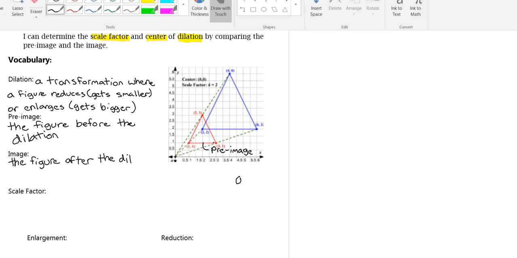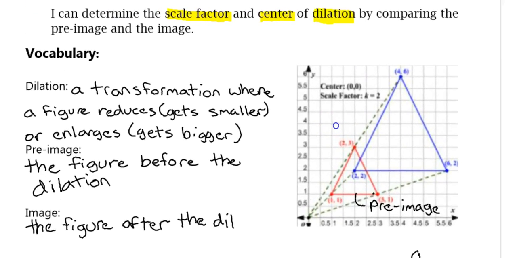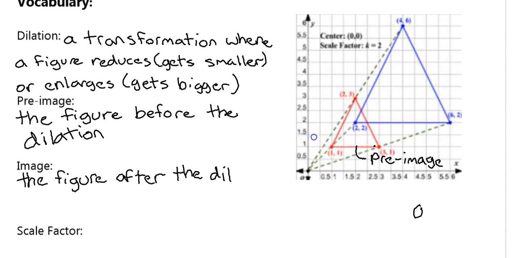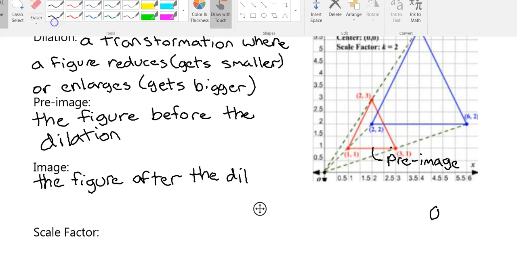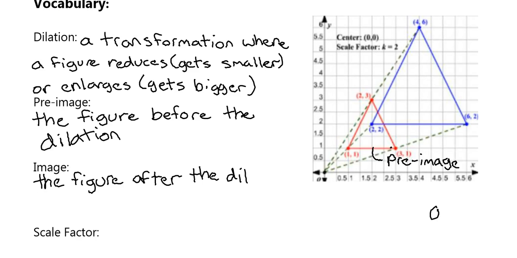So the blue triangle is what we would call our image. It starts here, and then this red triangle really becomes the blue triangle. This isn't two different triangles. One is becoming the other. We just can't show time on a piece of paper.